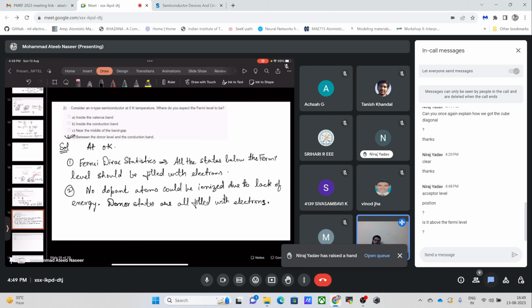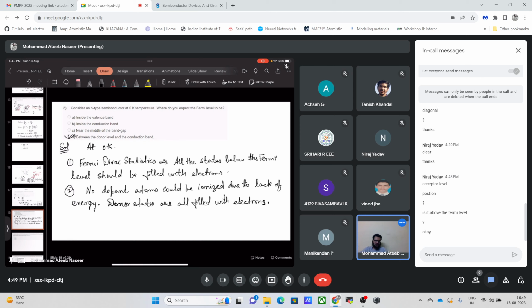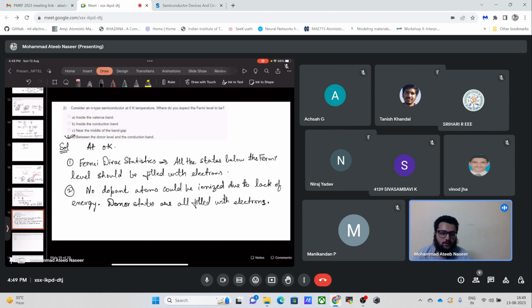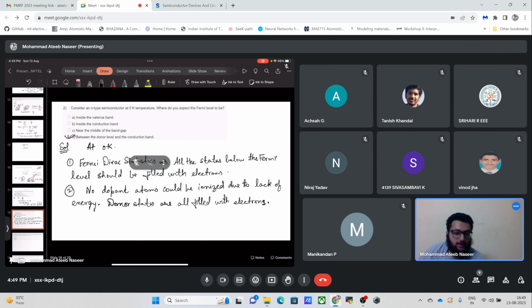In this case, since we are considering n-type, you should not confuse with this thing. While in p-type material, you can say this thing. This is absolutely what I guess you are trying to say. So yes, for p-type, the definition that you are trying to use is correct. Okay, fine. Thanks Neeraj. Thanks from my side also.